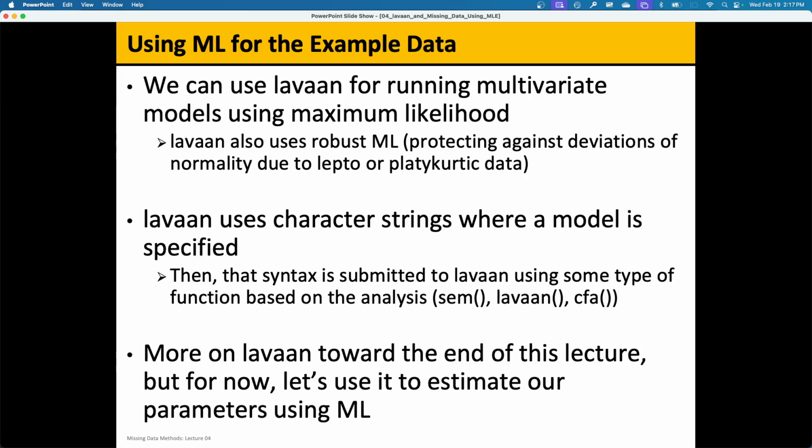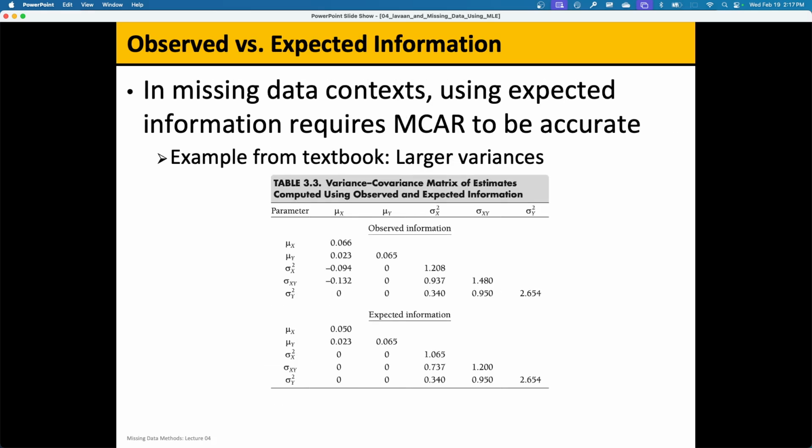That's good. Okay? Could you summarize the implications of using both? The expected versus observed? Only one of them, or could you use both? No, we'd only use one. So basically, the implication is this.